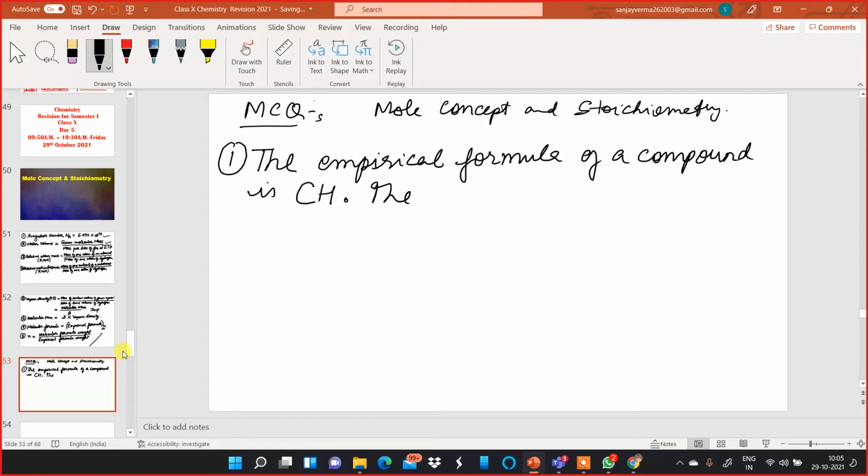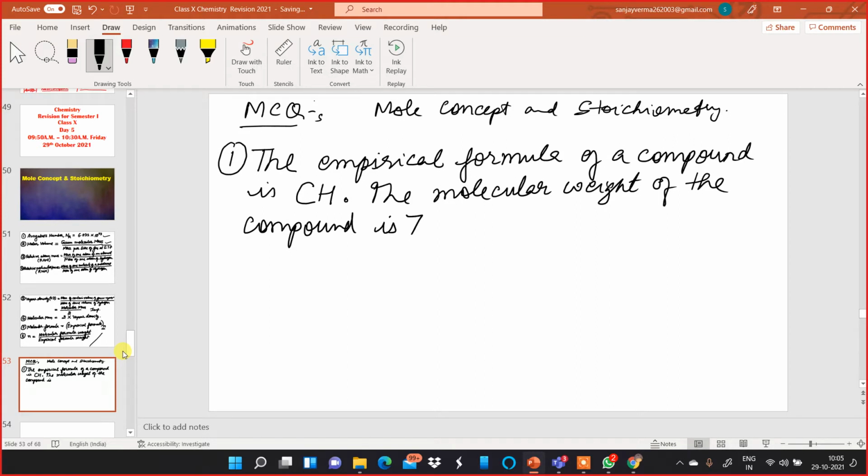The molecular weight of the compound is 78 gram.